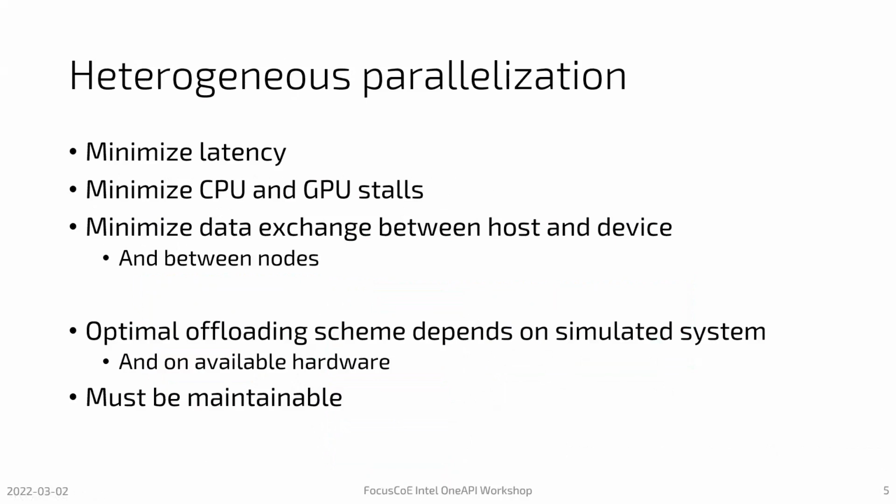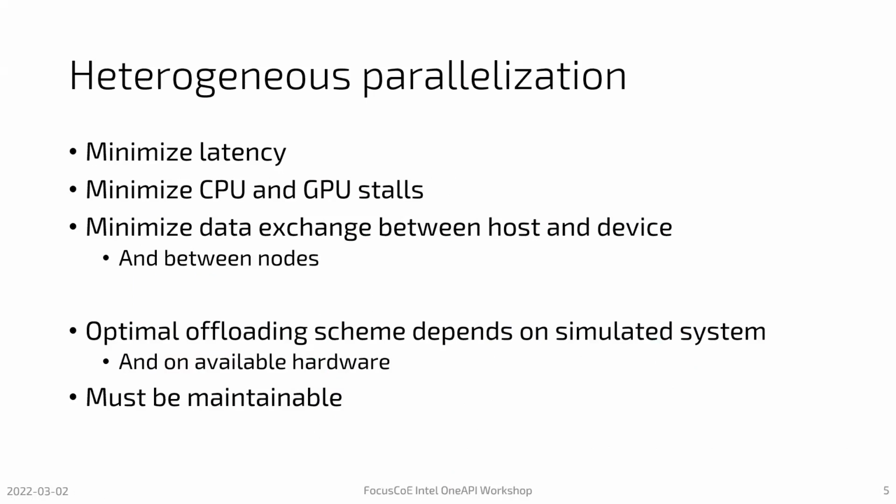And to achieve that, we have several goals that are sometimes at odds. We need to minimize latency and be able to submit the workload to the GPU as fast as possible. And we also want to minimize stalling on either CPU or GPU, because, well, if it can do work, then it probably should do work and reduce the bottleneck on the other device.